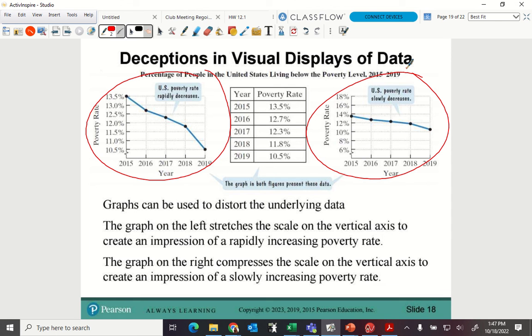But it's the same data, and if you look at this data right here, how far is it from the top number to the bottom number? It's only 3 points. So 3 percentage points, they stretched it out to make it look more extreme. Or they condensed it to show that it's really not that much. But that's important to see. These are deceptive practices you're going to see all the time.